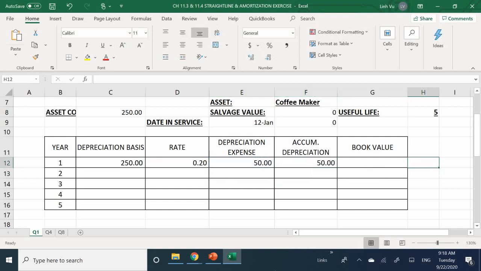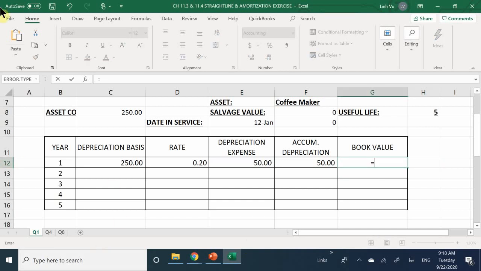And my book value is going to be 200. So it's going to be 250 minus my $50, and we're going to get $200.